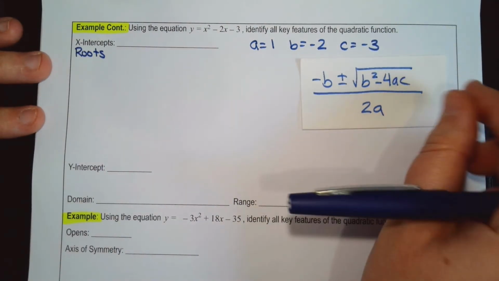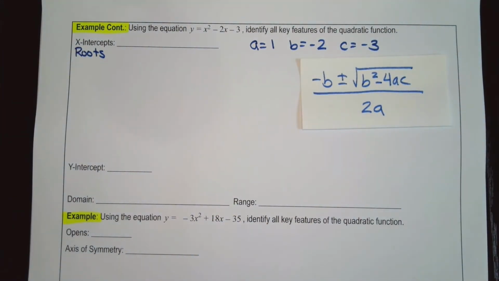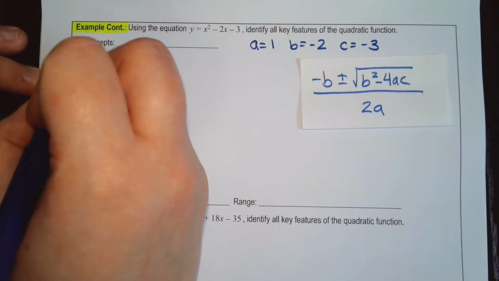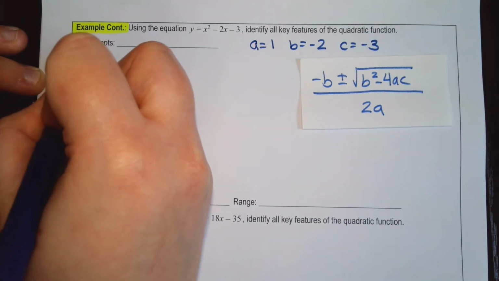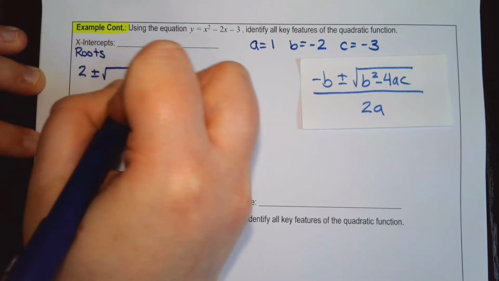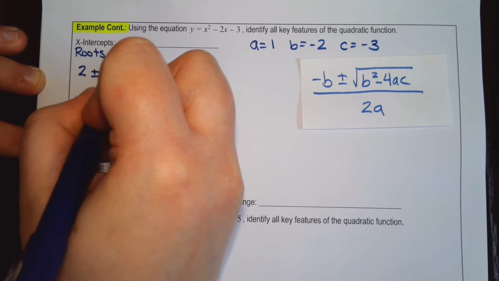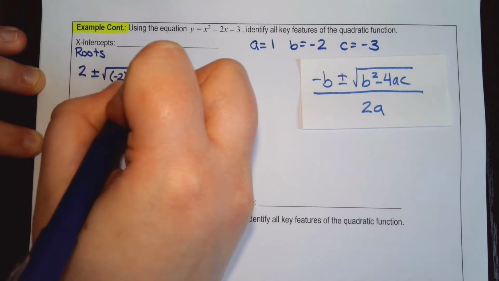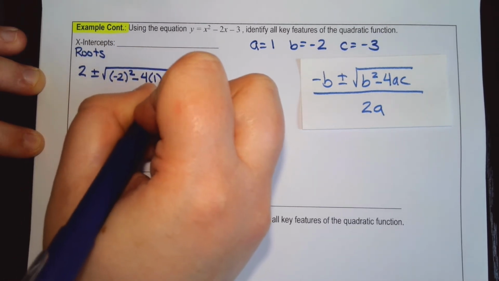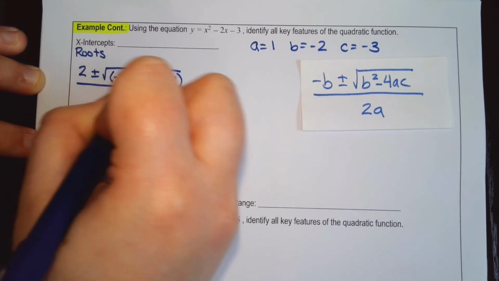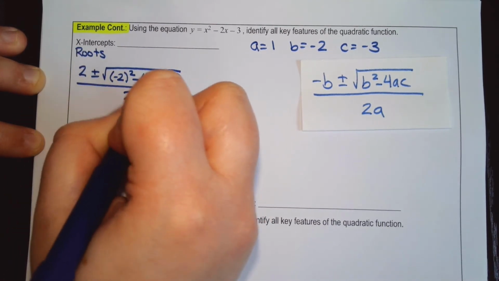So I have it right here: negative b plus or minus the square root of b squared minus 4ac all over 2a. So we're going to plug it in. So we have 2 plus or minus the square root of negative 2 squared minus 4 times 1 times negative 3 all over 2 times 1.